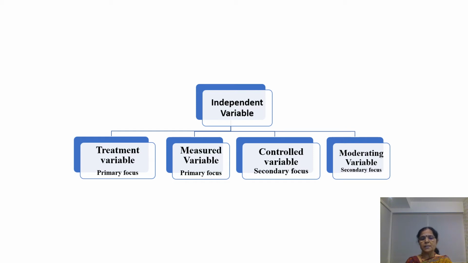And the second one is measured variables. They are also of primary concern to the researcher, like the treatment variable, but the measured variable can only be observed and measured, but it cannot be manipulated by the researcher. That is the difference between treatment variable and measured variable.